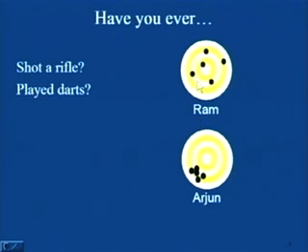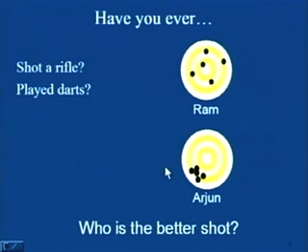They played darts on these two targets, and the output of Ram and the output of Arjun are shown by the black bullets. Now, the question arises: who is the better shot?